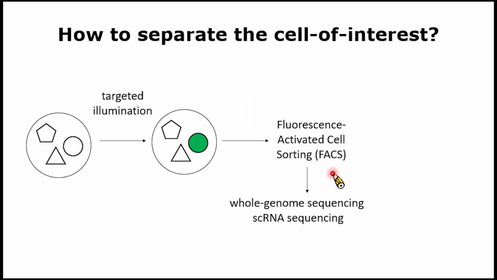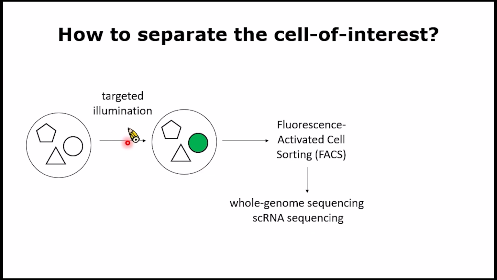And the principle is actually quite easy. So usually people would use a targeted illumination followed by FACS sorting to single out the cell that they want to do single cell analysis. And again, this can be either whole genome sequencing of the DNA sequence or the single cell RNA sequencing and analysis.